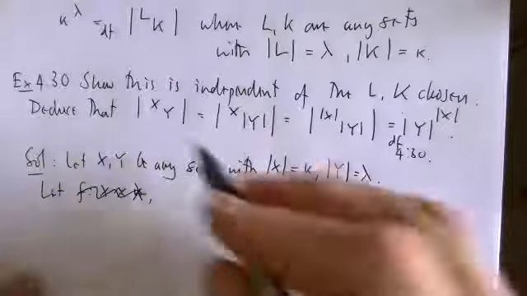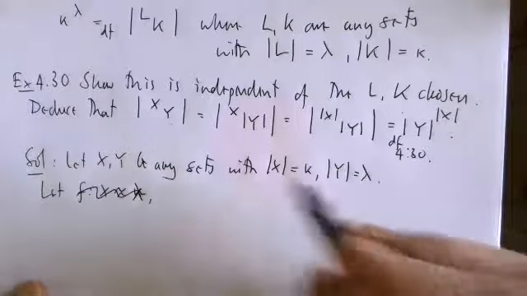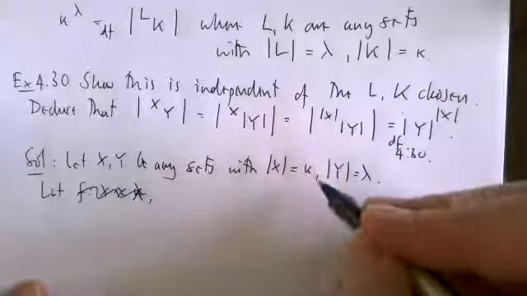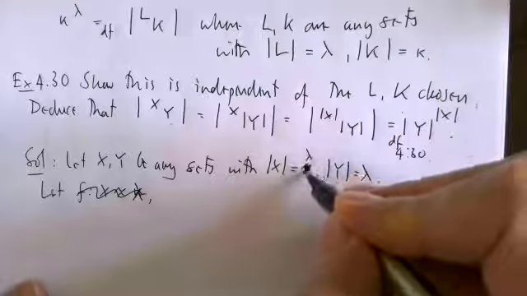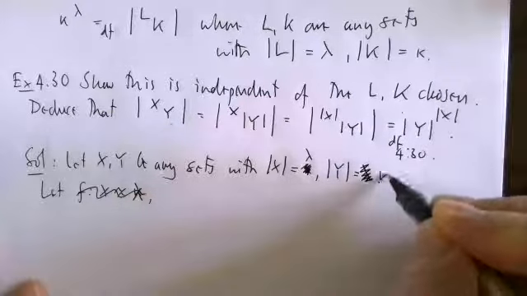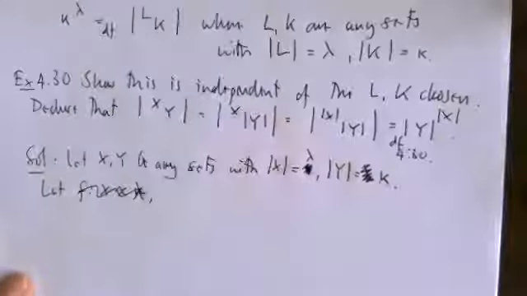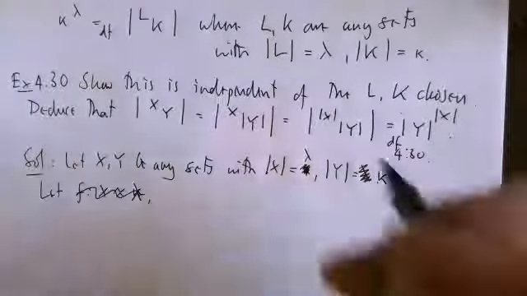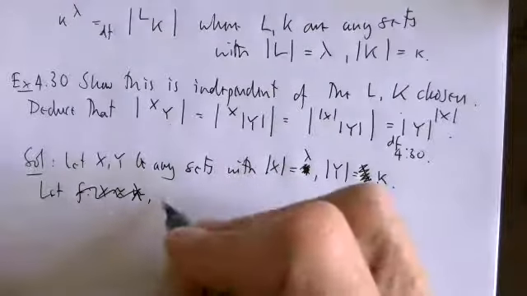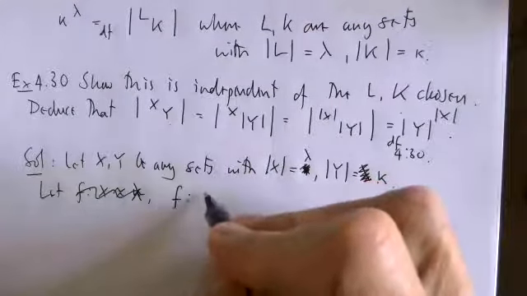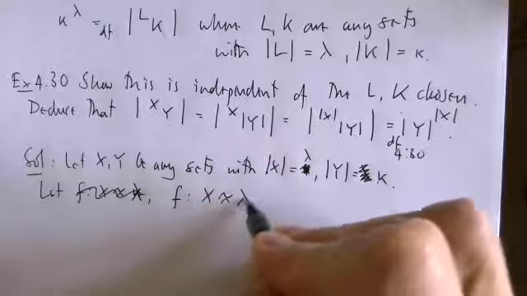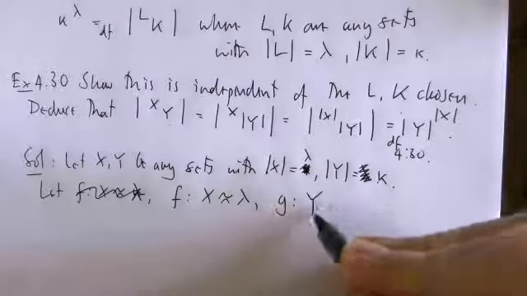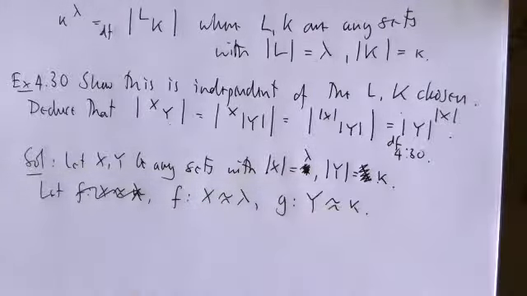Sorry, I want y down at the bottom. So I better have these the other way around. Right, so this is going to be kappa to the lambda. So I've got a bijection of x with lambda and one of y with kappa here.